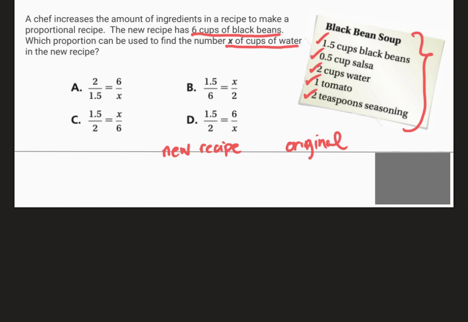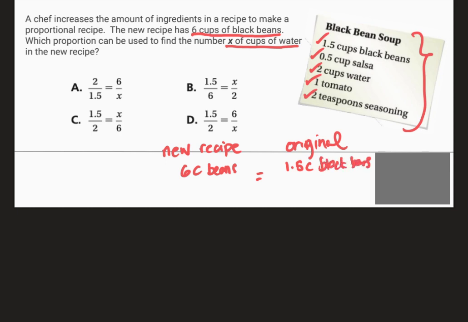So we're going to write a proportion between the two. The new recipe uses 6 cups of black beans, and the old recipe uses 1.5 cups of black beans.